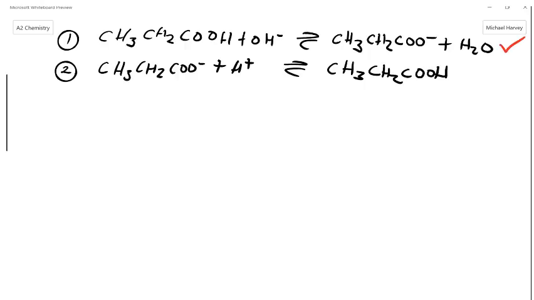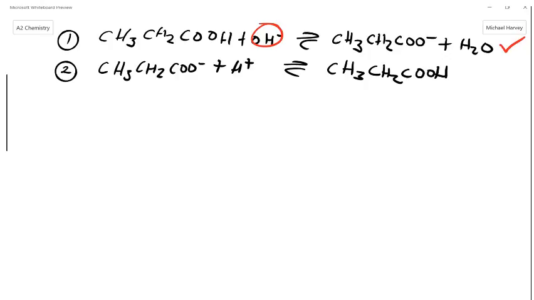We're actually adding hydroxide. What the question says is that we must calculate the pH of the solution if 0.1 moles of sodium hydroxide is added to 500 centimeters cubed of solution. So what we need to consider are the initial concentrations.